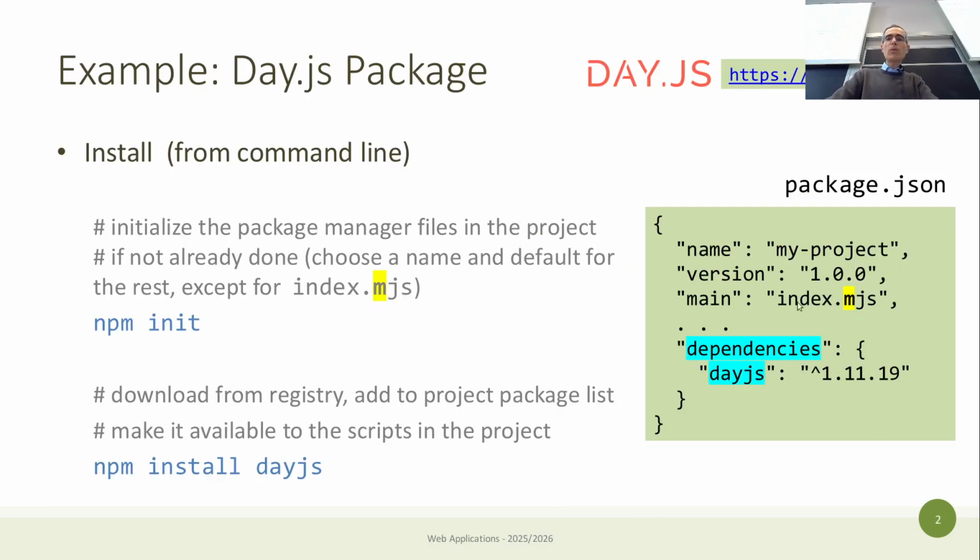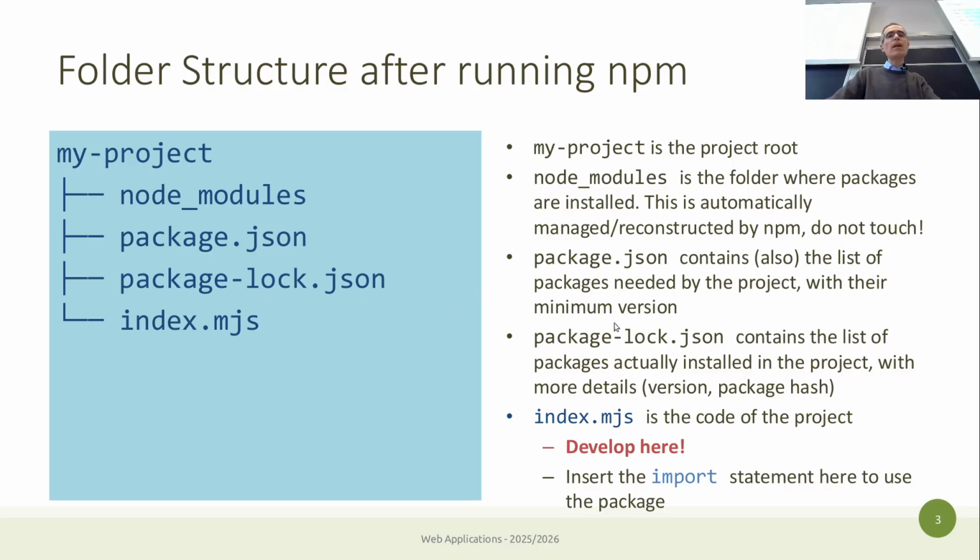One contains the name of the project, etc., and especially the list of dependencies. And the package-lock contains the list of packages actually installed, and more details next time, okay? The version actually installed, the hash, etc. The important thing for us is that we have a file where we can develop and we can import the content that we just installed, okay?